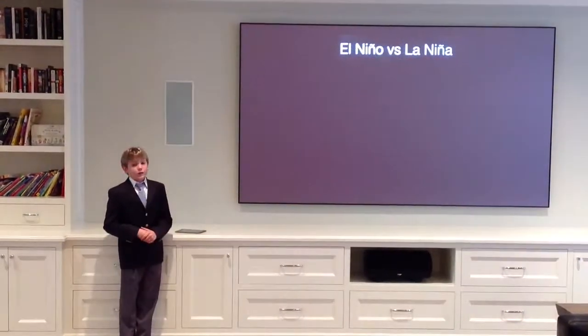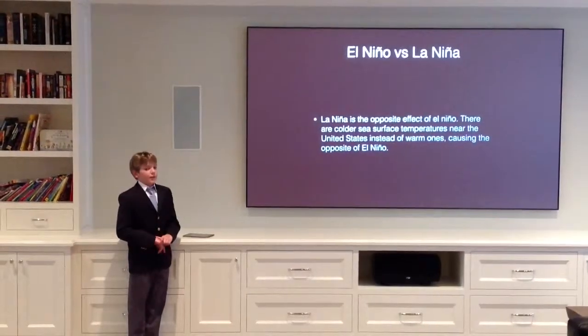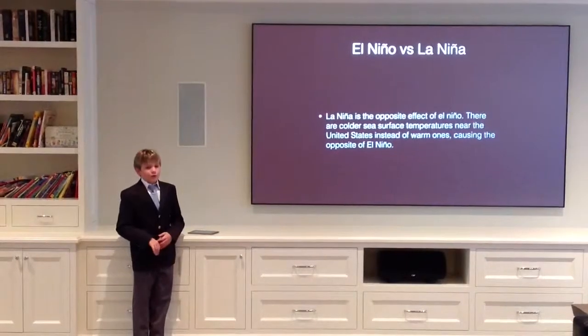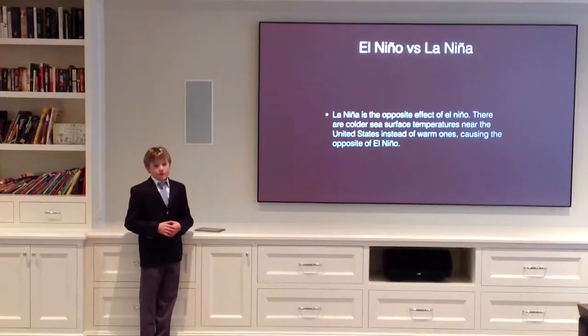Here are some El Nino versus La Nina conditions. La Nina is the opposite effect of El Nino. There are colder sea surface temperatures near the United States instead of warm ones, causing the opposite of El Nino.